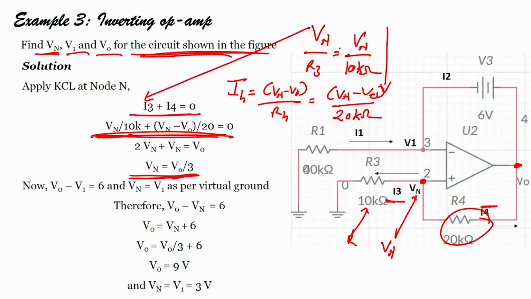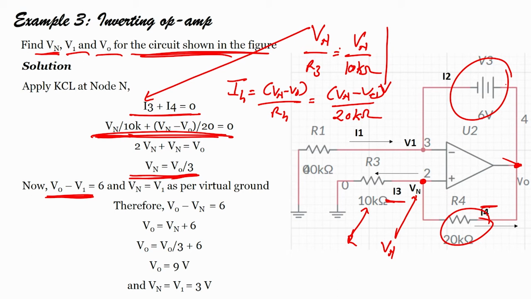Now, Vo minus V1 equals 6, and Vn equals V1 as per virtual ground. Vo minus V1 equals 6 because the bias voltage, 6 volts, is applied across V1 and Vo.